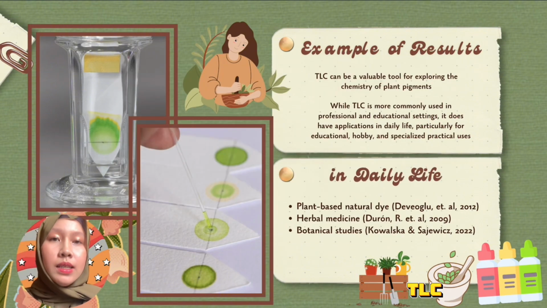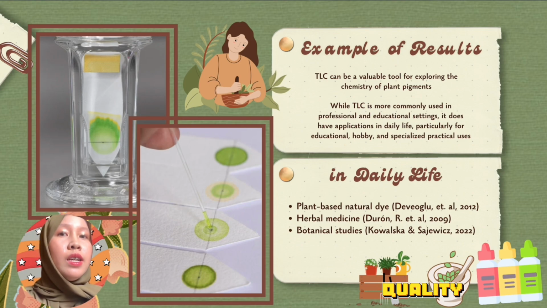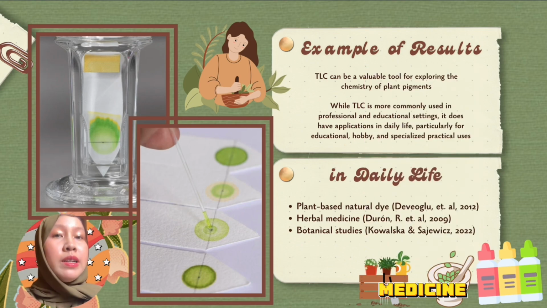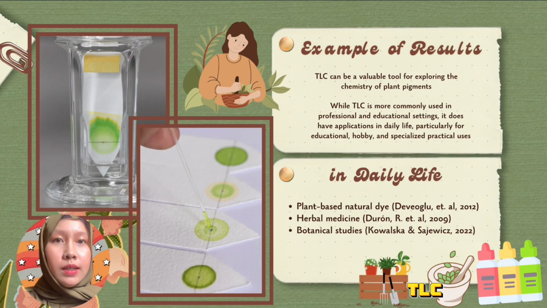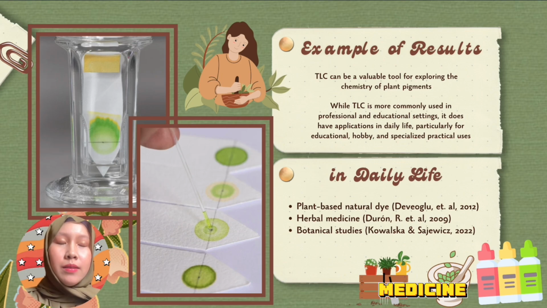Other than that, TLC plays a crucial role in ensuring the quality of herbal medicine. Herbal medicine practitioners might use TLC to verify the presence and concentrations of active compounds in herbal preparations, ensuring consistency and efficacy in traditional medicine.